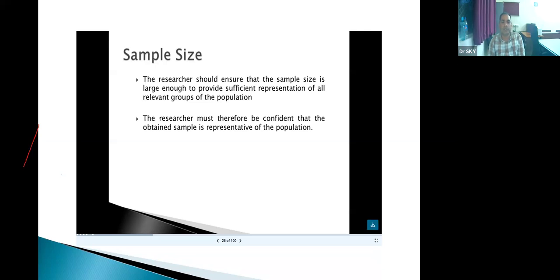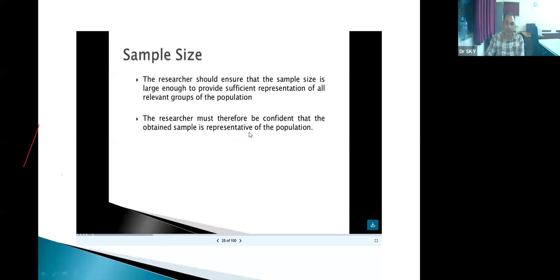The researcher should ensure that the sample size is large enough to provide sufficient representation of all relevant groups of the population. So we must take care of the sample size. At least a minimum sample size should be there to have inference about the parameters under consideration.